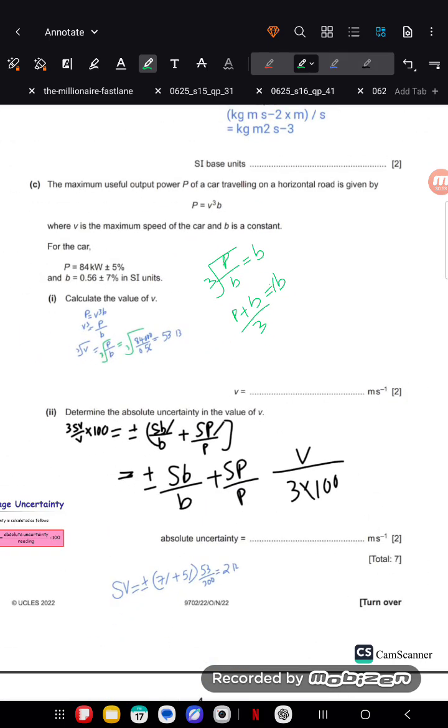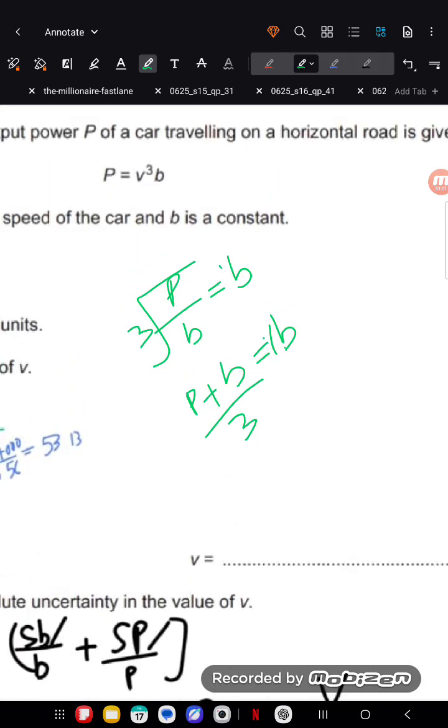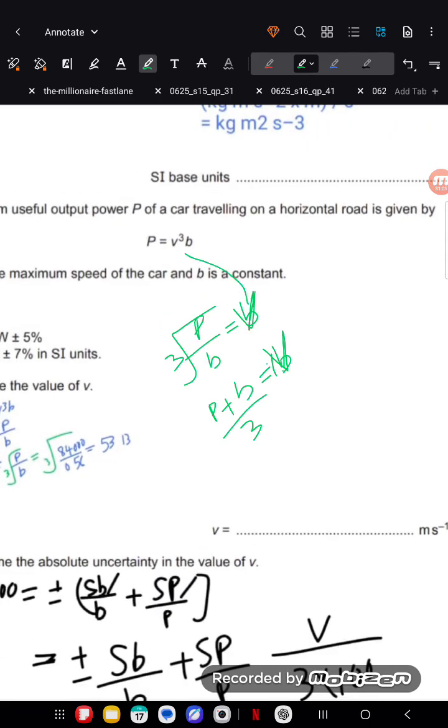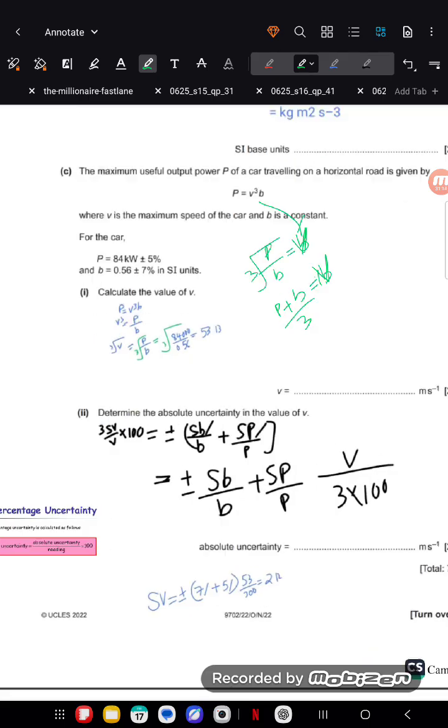Because what do you have to find here? V, I mean not B, okay, sorry, V. You have to make V the subject, so you know how to find the percentage uncertainty. You need this formula, okay?